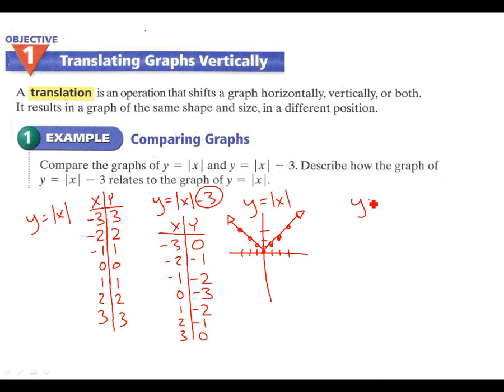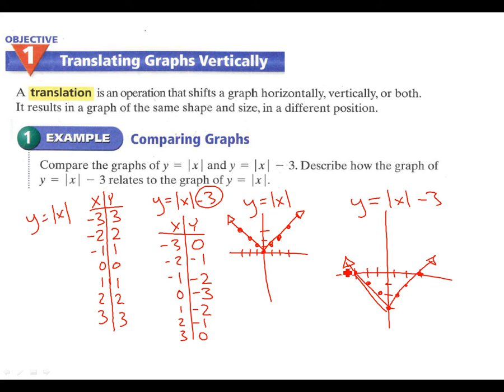And now here's, based on the t-table, let's see what happens when we do minus 3. So negative 3 comma 0 is right here. Negative 2, negative 1 is here. And I'm going to continue putting my dots on the coordinate plane. And here, I'll try to graph better than I just did.